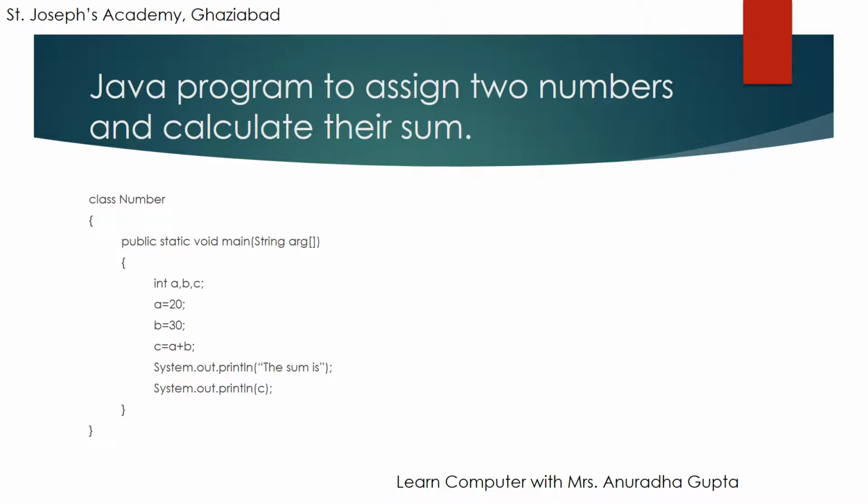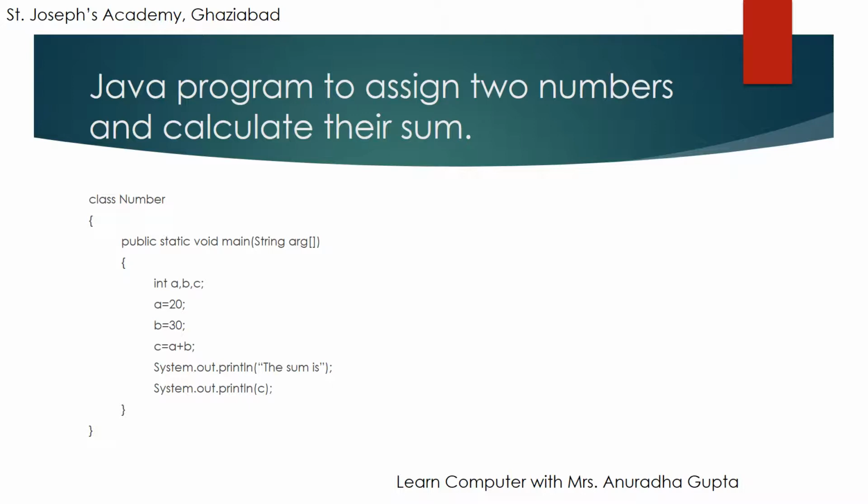After calculation, we have to show the output. To show the output, we have used the output statement System.out.println. In the first line we have displayed the message, the sum is. A message always comes in double quotes. Then in the next output statement we have displayed the value of c.